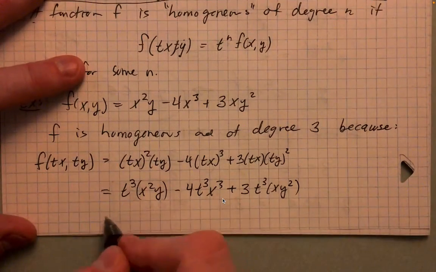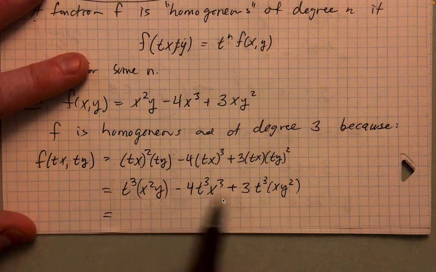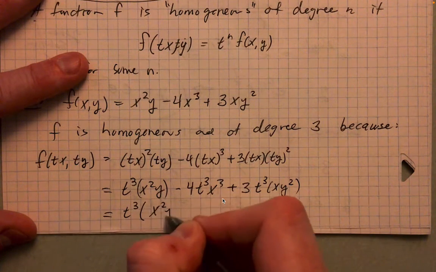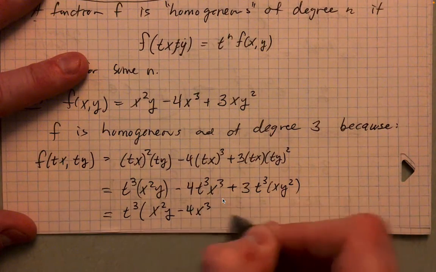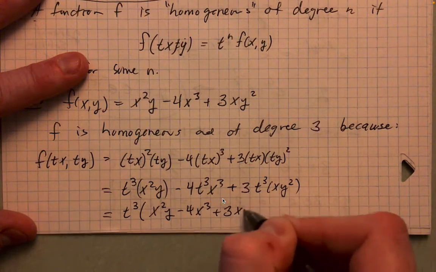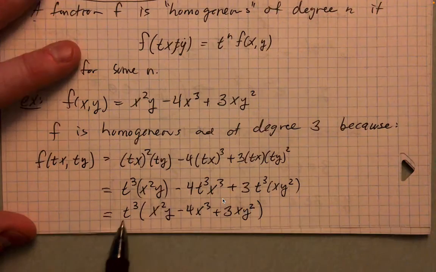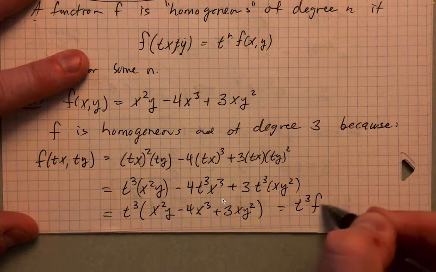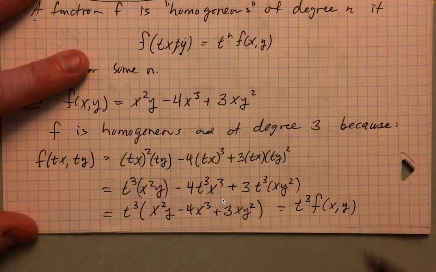The whole thing can be written by factoring a t cubed out of each term, and you get x squared y minus 4x cubed plus 3xy squared. And so that's equal to t cubed times f of xy.